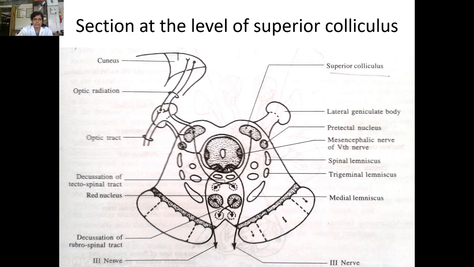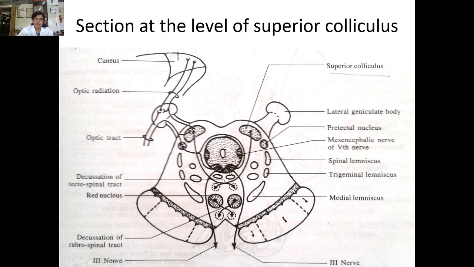Through this Edinger-Westphal nucleus the fibers descend through the oculomotor nerve and then terminate in the ciliary ganglia. These are the preganglionic fibers, and the postganglionic fibers arising from the ciliary ganglia pass through short ciliary nerves and supply the ciliaris muscle and the sphincter pupillae muscle.